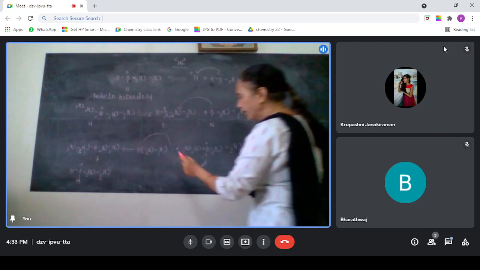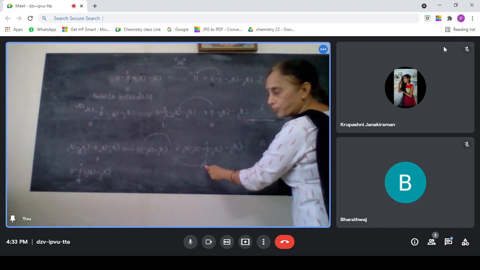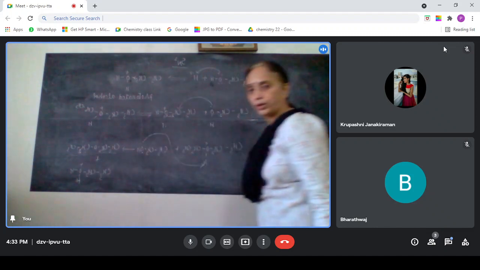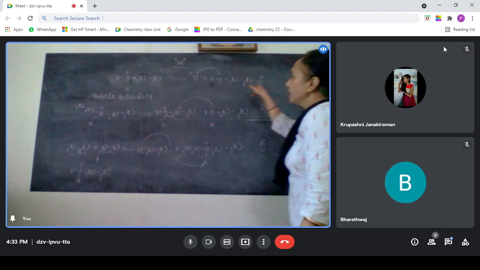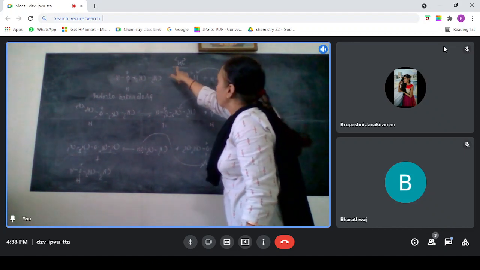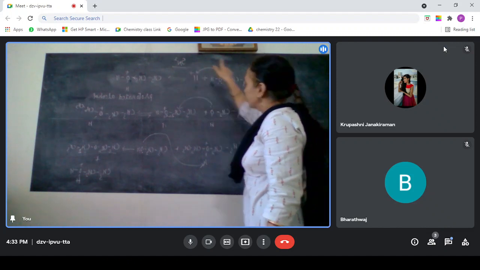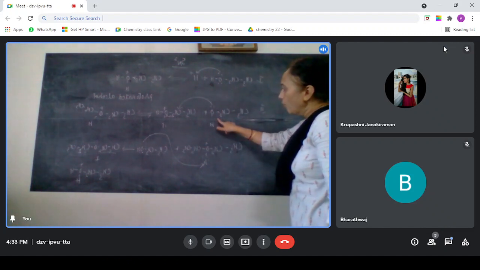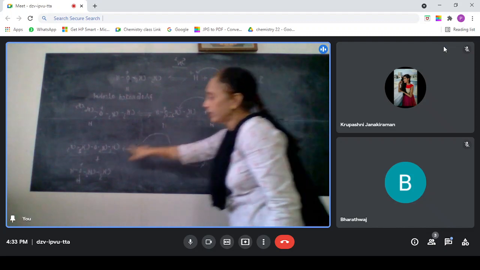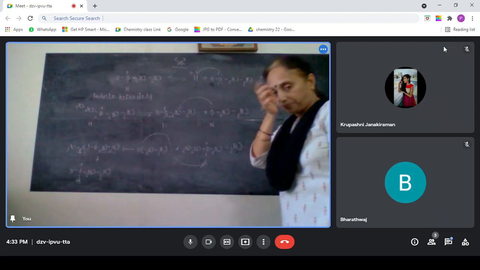That protonated ether loses a proton, forming the ether and protonated alcohol. So the reaction is substitution nucleophilic bimolecular and occurs by the attack of the alcohol molecule on the protonated alcohol. You will get the ether.